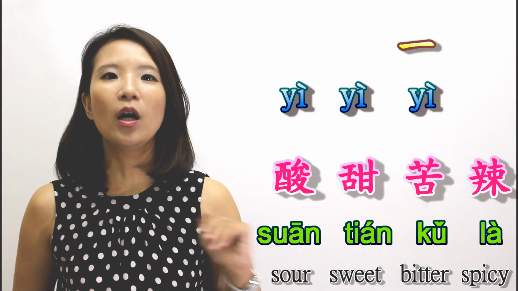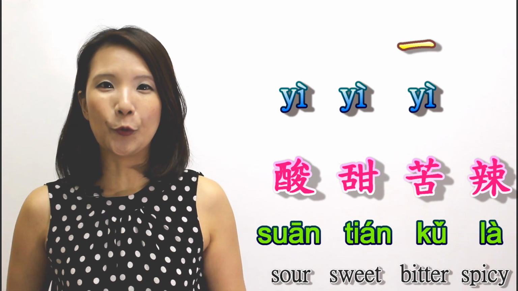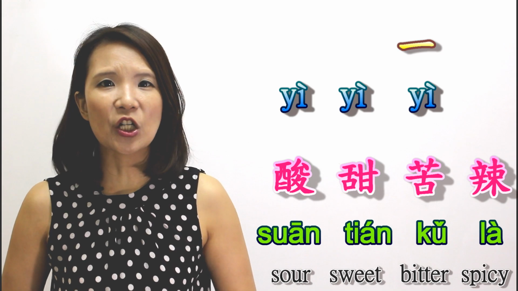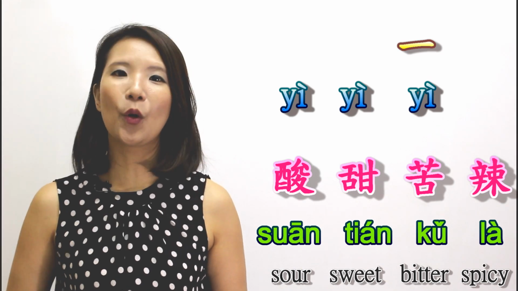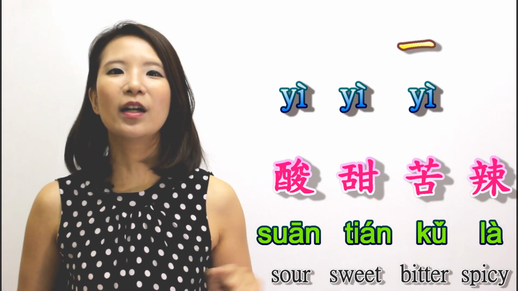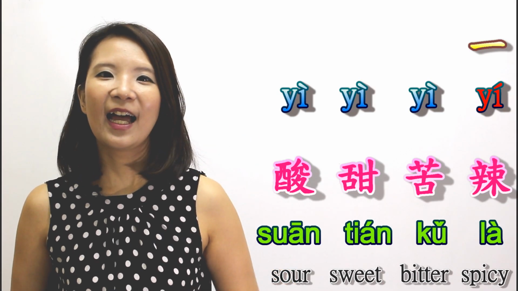一苦. When 一 comes with the 3rd tone, it also becomes the 4th tone. And 一辣.